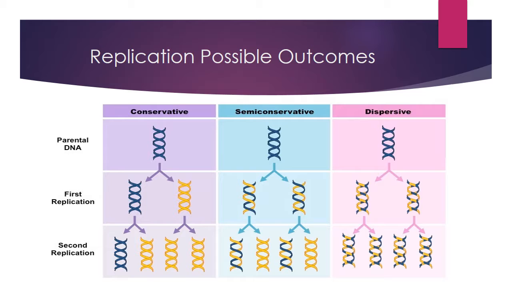With the semi-conservative, there is also a conservative and a dispersive, which is shown in the picture. And also, as you can see, the conservative and the dispersive have a different outcome from the semi-conservative.